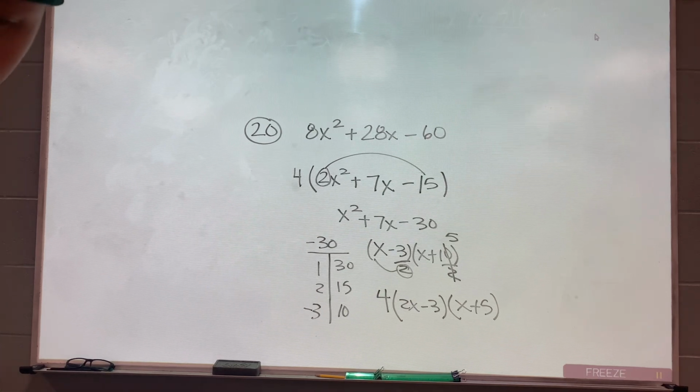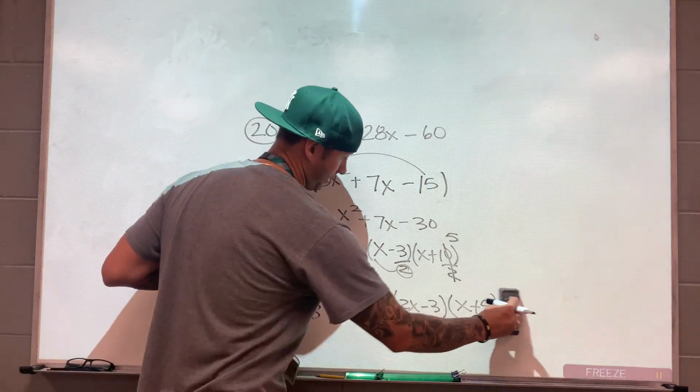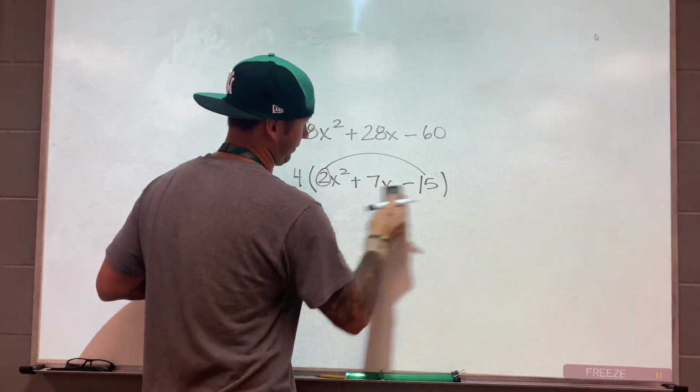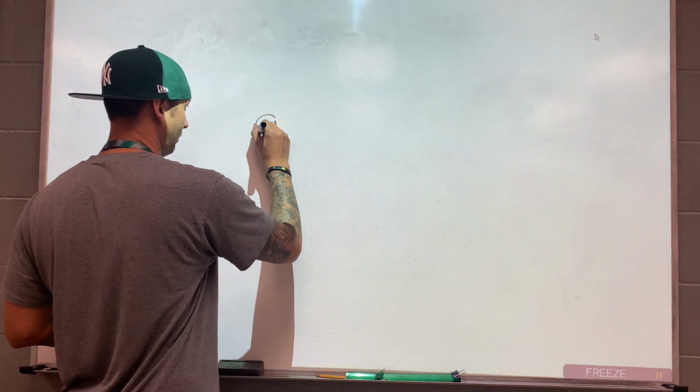All right, 21. So solve the equation. So here we have some kind of polynomial that equals 0, or some kind of quadratic rather. 16x squared minus 1.